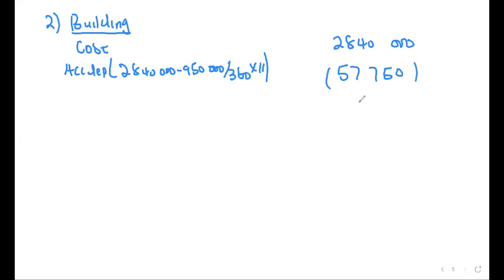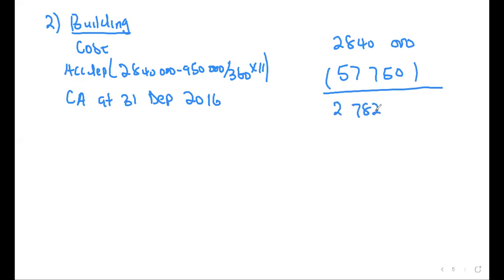So that is the depreciation. Then we need the carrying amount at 31 December 2016. So we subtract the two to get the carrying amount. How much are we going to have? 2,782,250. Am I right? So that is the carrying amount at 31 December 2016.